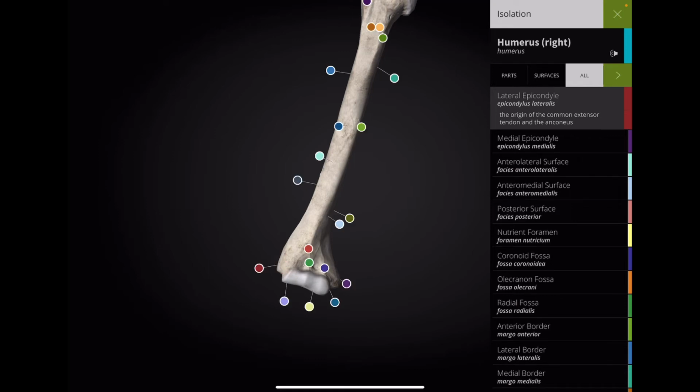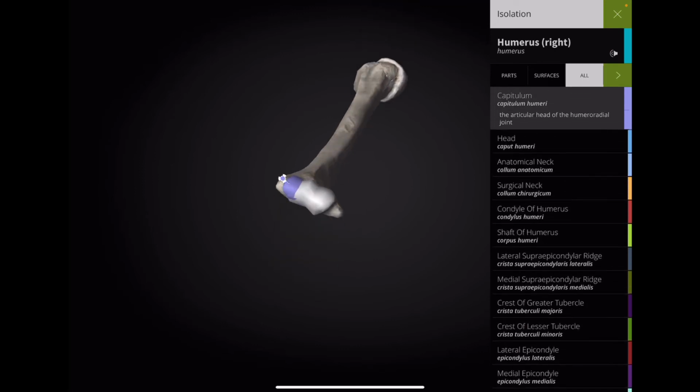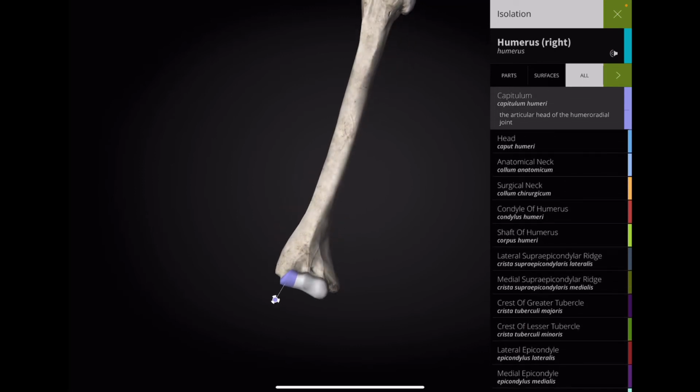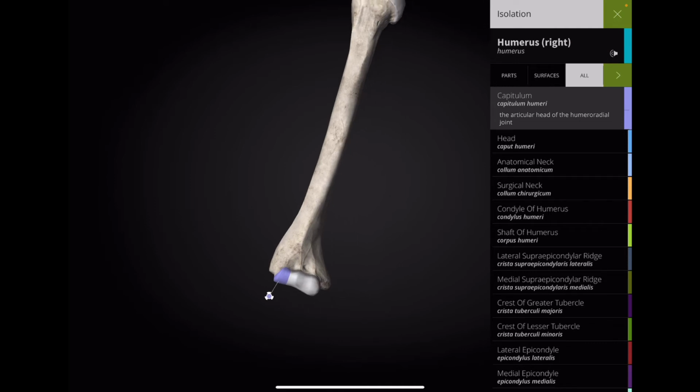Moving on, we have the capitulum, which is essentially the articular head for the humeral radial joint. So what is the humeral radial joint? It's the joint that's found between the humerus and the radius. The two bones that make the forearm are the radius and the ulna.